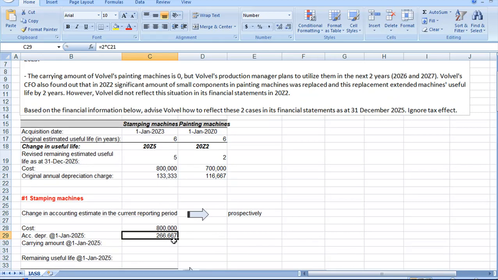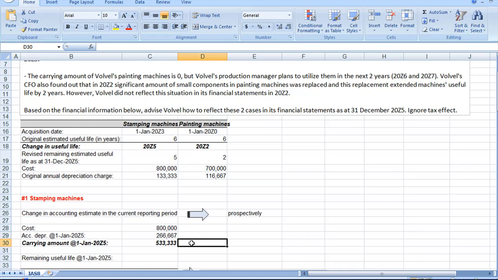And that means that the opening carrying amount is 800,000 less 266,666, and that gives us 533,333. Well, why did we calculate the opening carrying amount as of 1st January 2005 and not the closing one as of 31st December 2005?